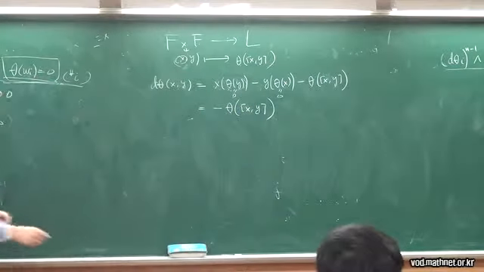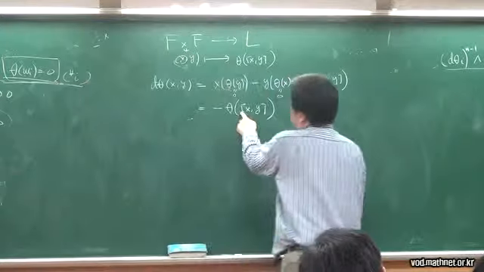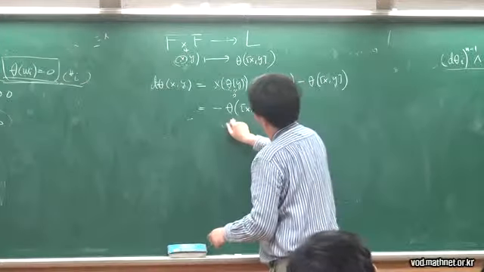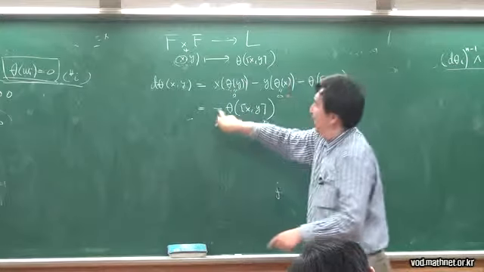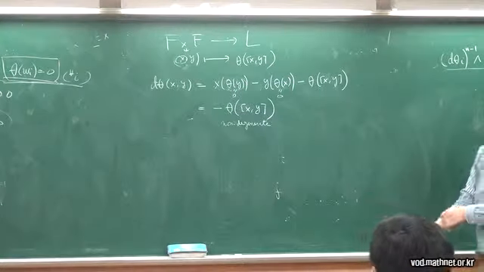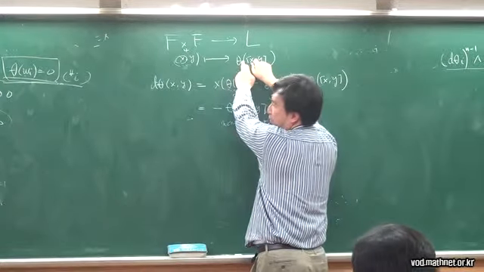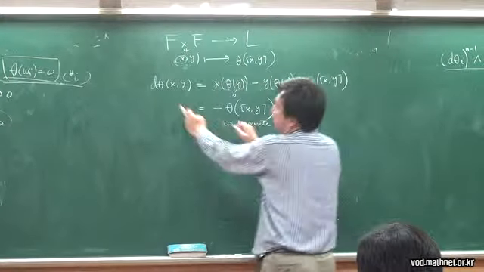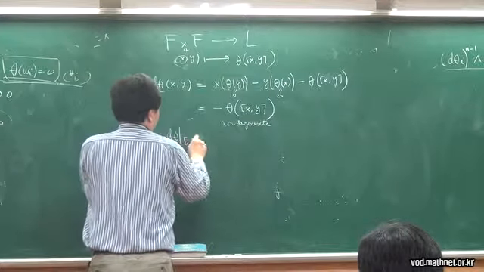So this is non-degenerate by the assumption. The minus sign we don't care about, but anyway, this is non-degenerate by the assumption of contact structure. This means that d theta f is non-degenerate.